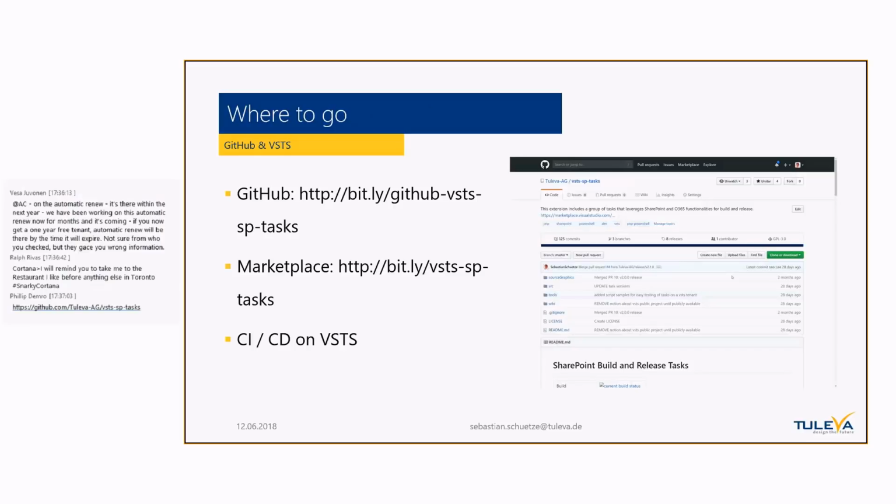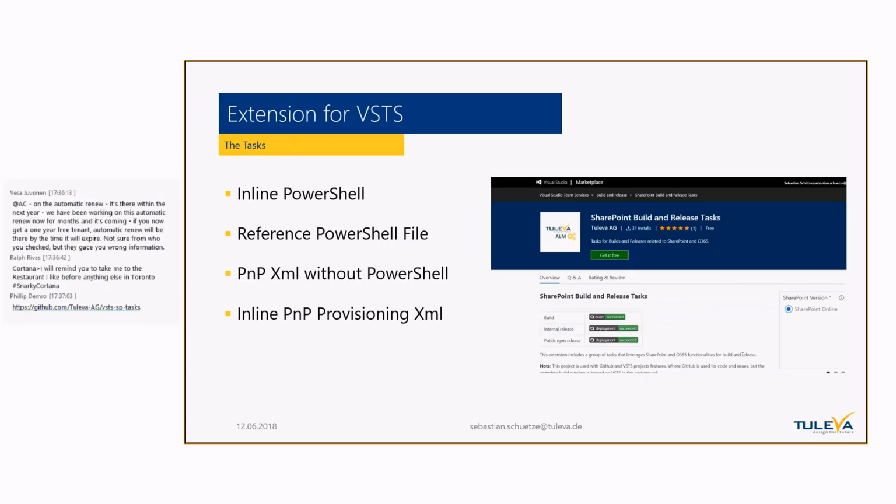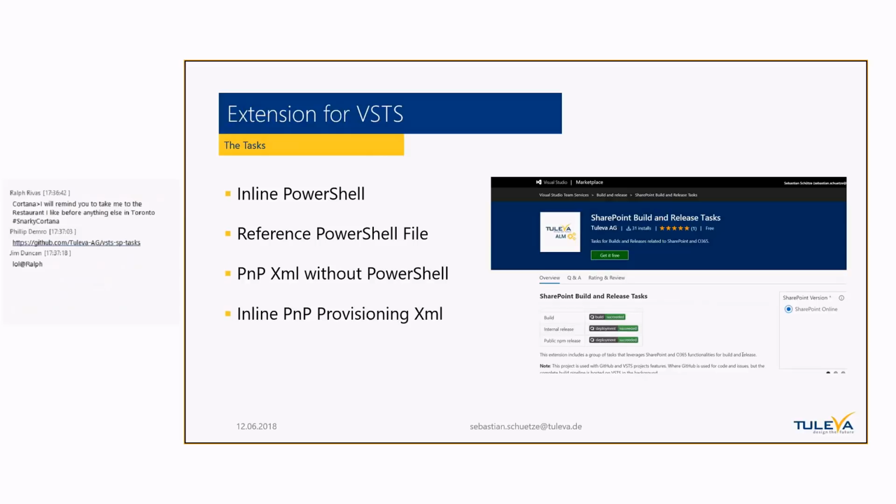I will show you a bit later how you can use it and where to get it. So basically 2 tasks that have been in the marketplace for 2 or 3 months. The first is provisioning XML, where you can use either inline XML, or you can link to an XML file in your build package.